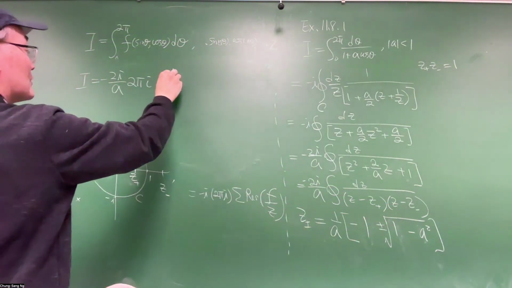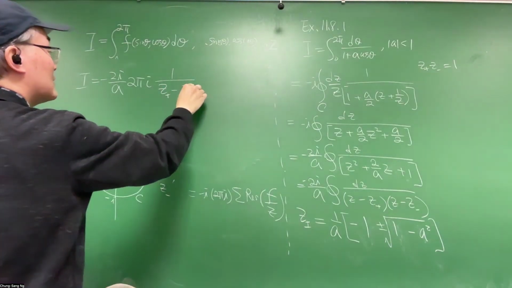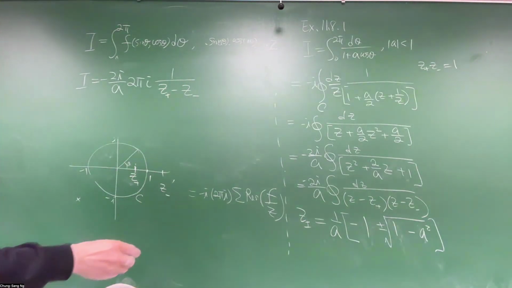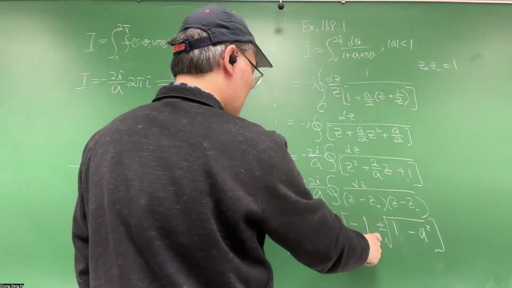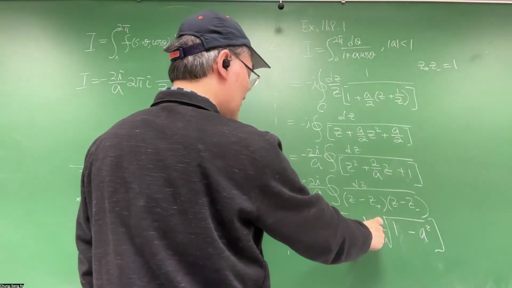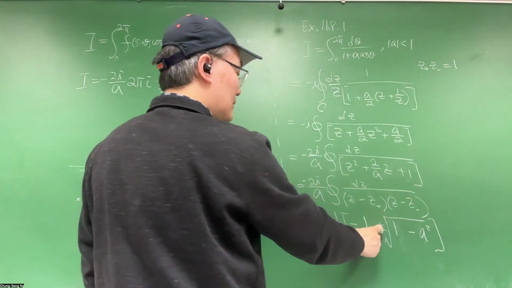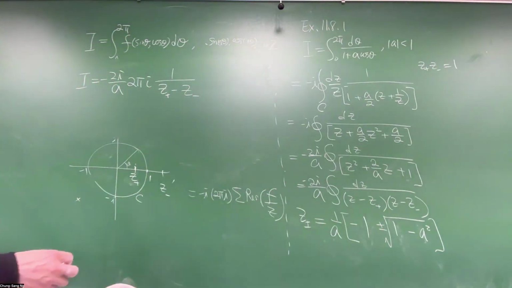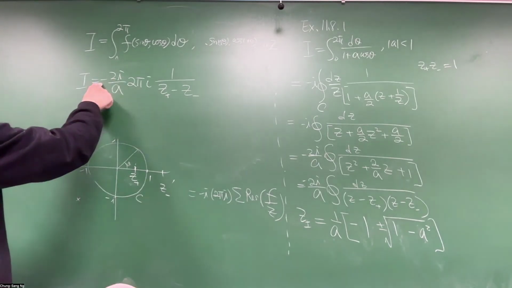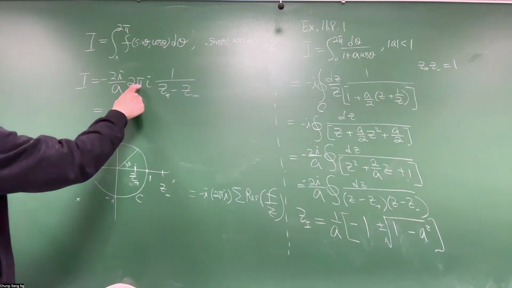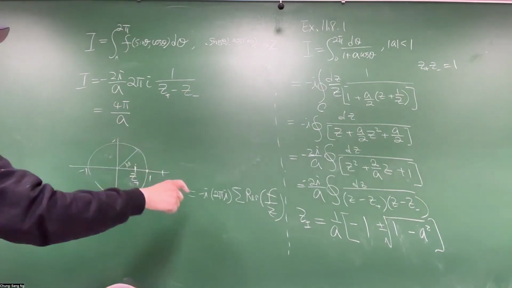So it would be 1 over c plus minus c minus. Right? And c plus minus c minus cancel this term. Plus minus minus get you a factor of 2, right? 2 over a. And i times i is minus 1. Cancel with that. So you have 4 pi over a here.